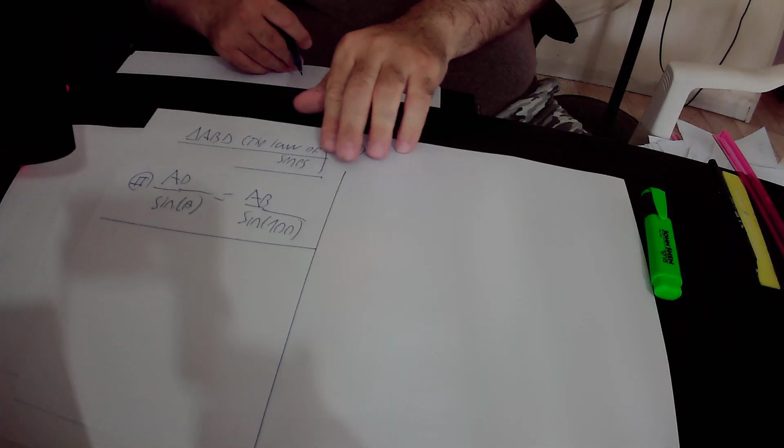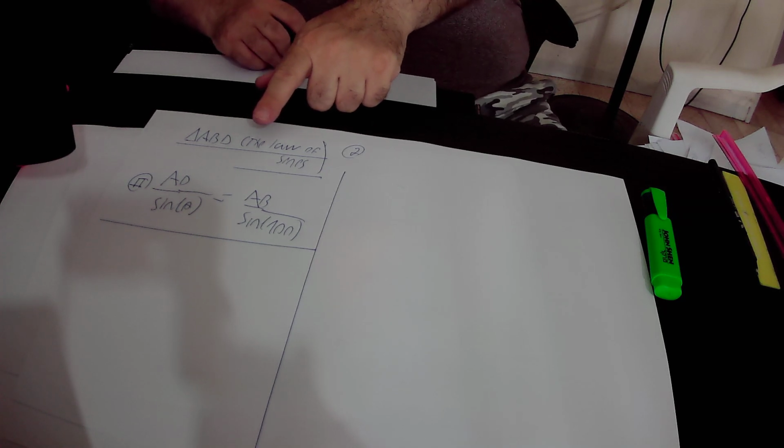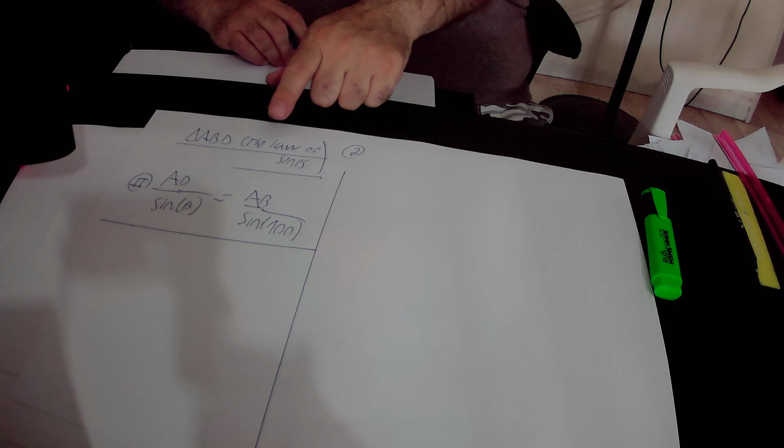I'll repeat again, in the orange triangle ABD, according to the law of sines, AD over sine theta equals AB over sine 100 degrees.